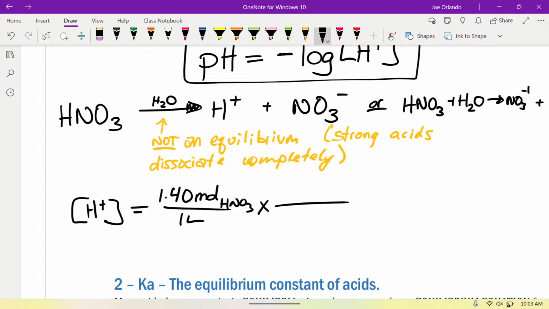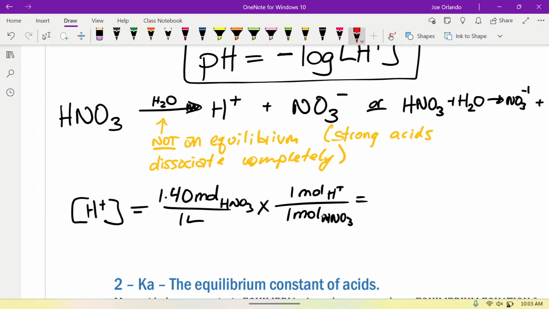And HNO3 turns completely into H3O or H+. Doesn't matter which one you go. So for every 1 mole of HNO3, we get 1 mole of H+. Does that make sense? Now, you will probably never show this step again because this is just obvious. But do we see that?